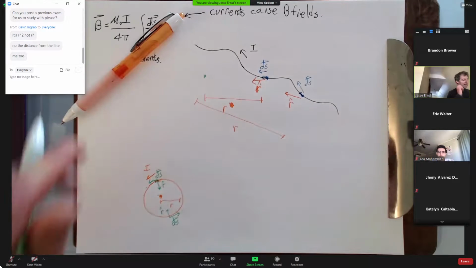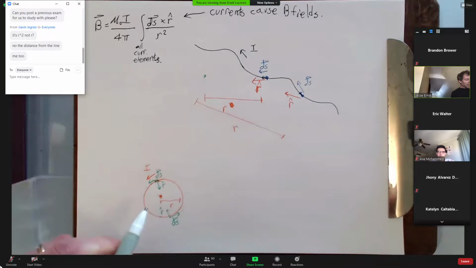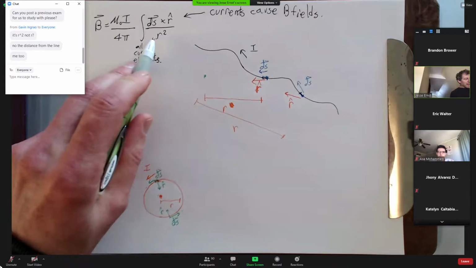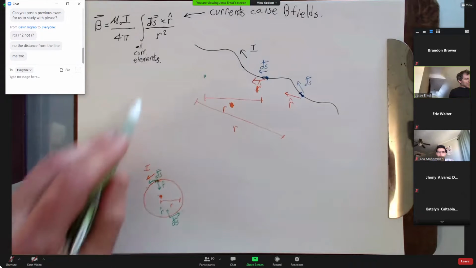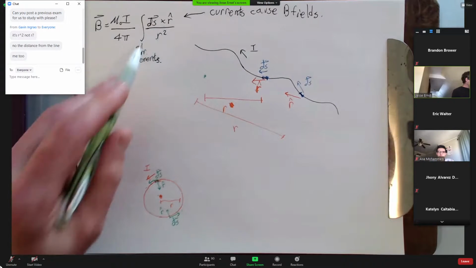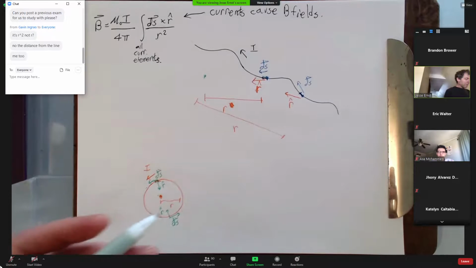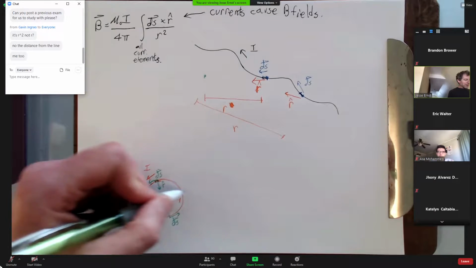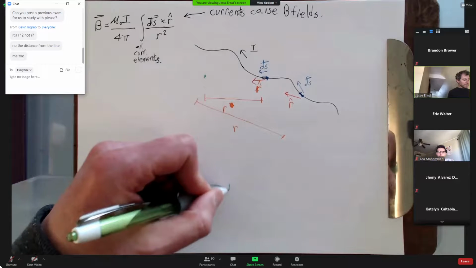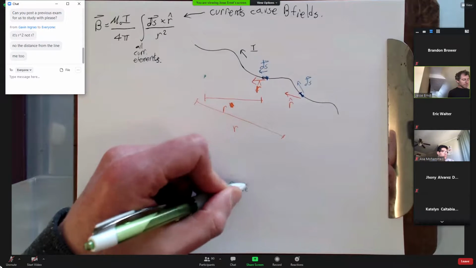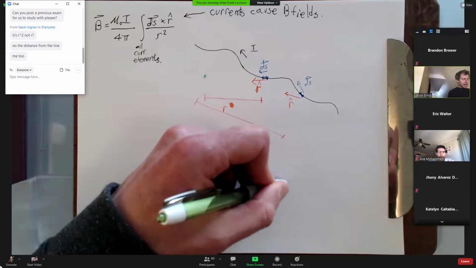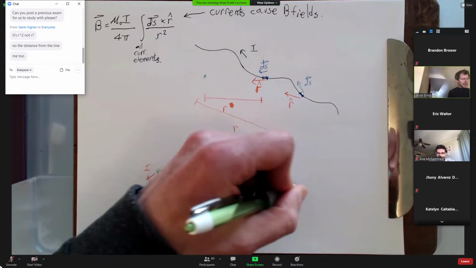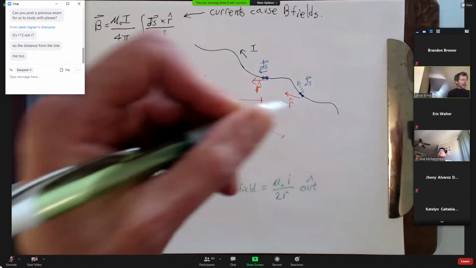And if you look at it, the size of the B field from each of these elements is the same because they're all the same distance away. 1 over r squared doesn't change. And so we were able to very quickly derive that the B field here was equal to mu naught I over 2r, and then we said out of the page, so we'll just call it out hat.